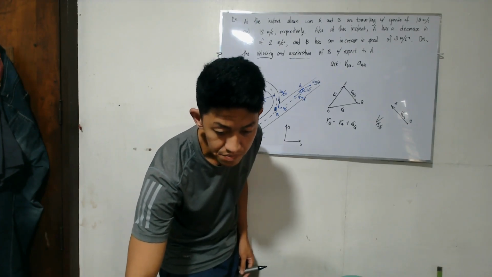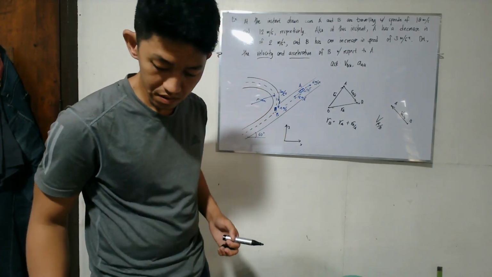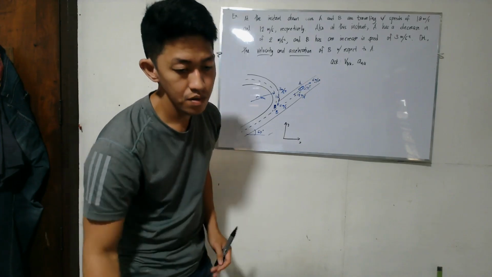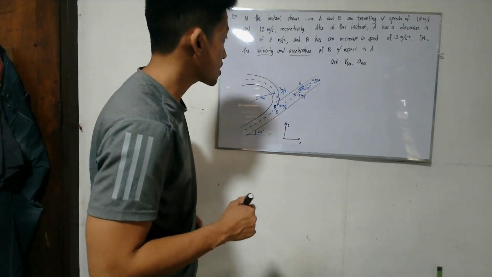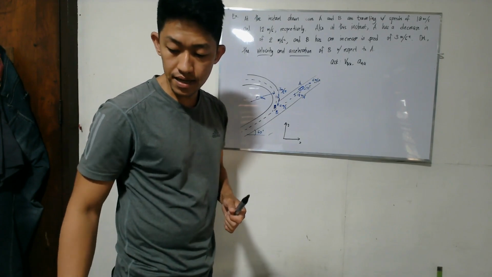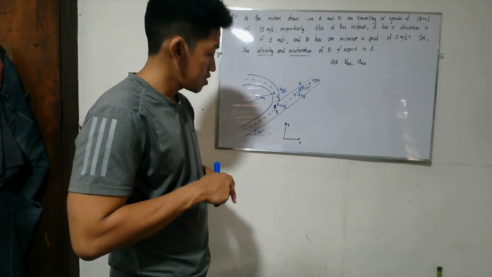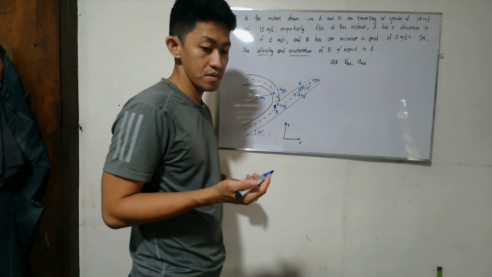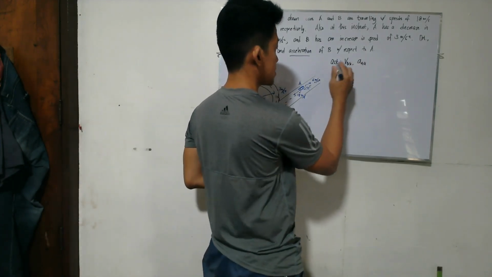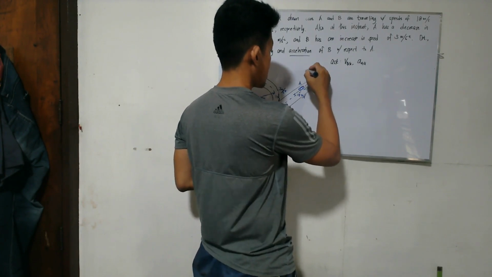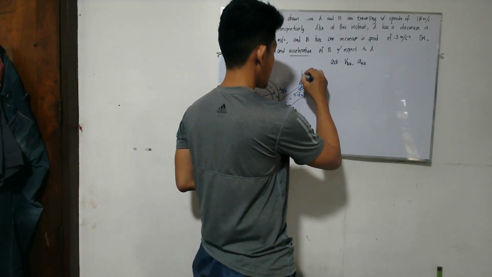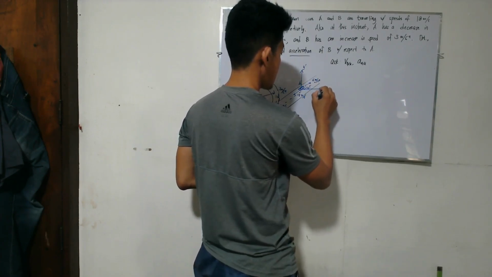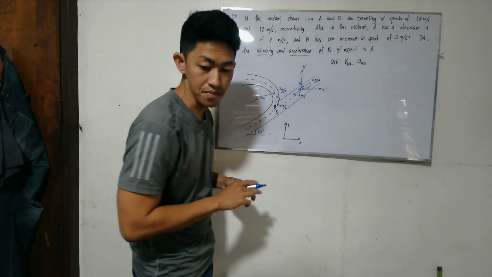Okay, so unsa yung unang buhaton nato, no? We establish the translating axis. So based sa problem, since with respect to A man, so dili ang ato y prime, x prime.